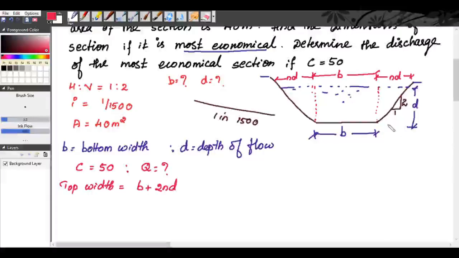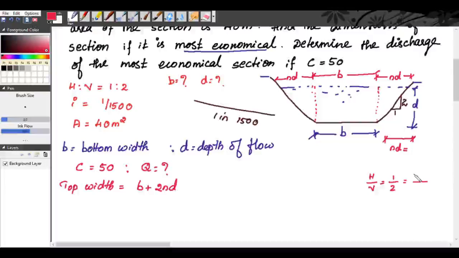Now what is nd? How much is this? See, if it is 1 horizontal, it is 2 vertical. So if it is d vertical, horizontal by vertical is equal to 1 by 2.